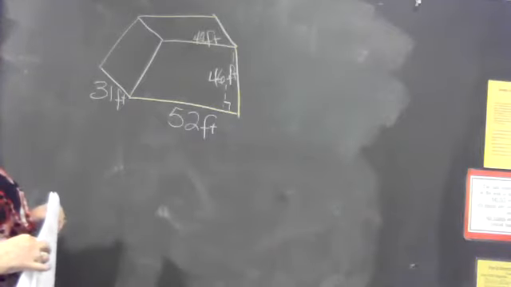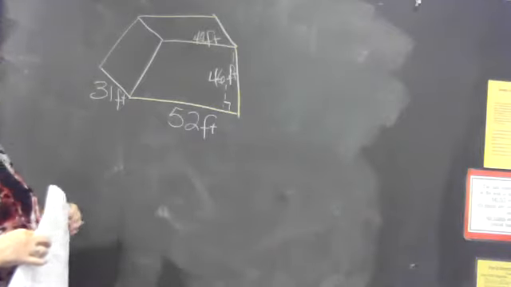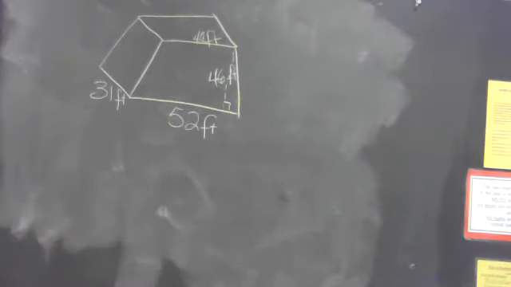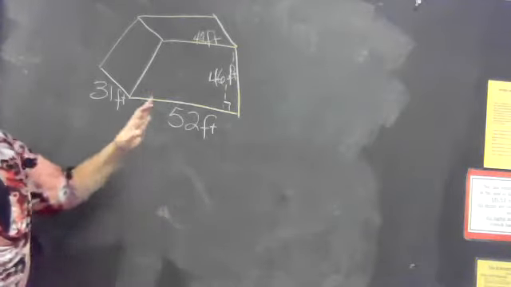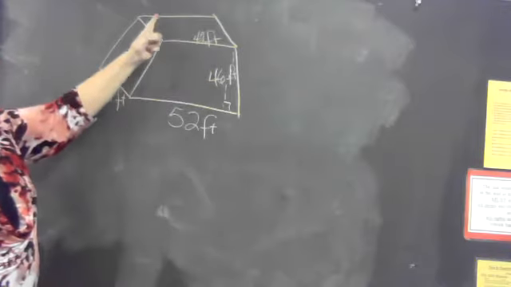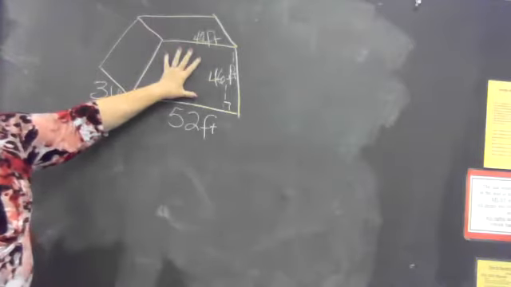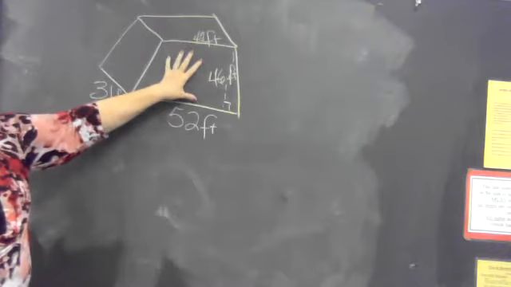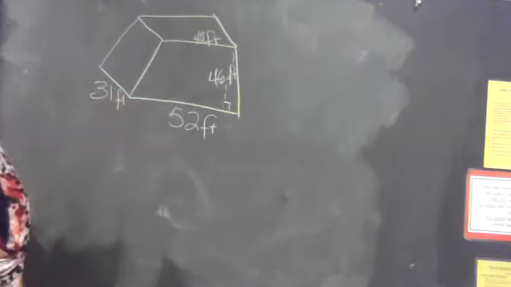Okay. If you can use your imagination or look at your worksheet. So you can see that this is a prism because it has this face and the back is going to look exactly like this, and it is parallel to each other and equal to each other.